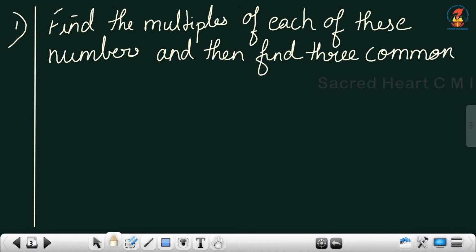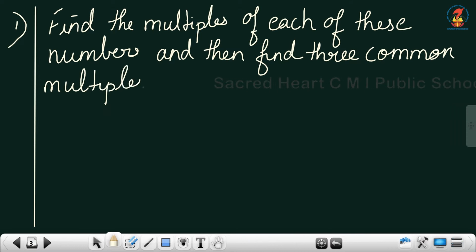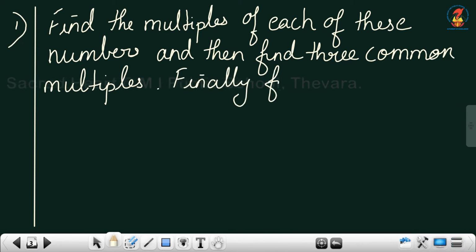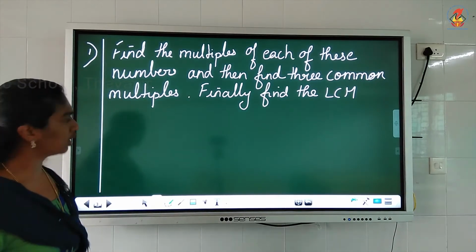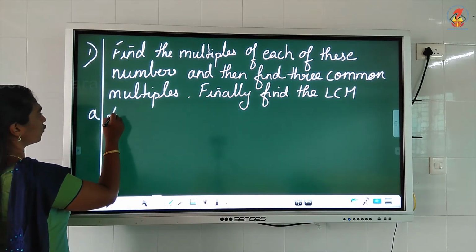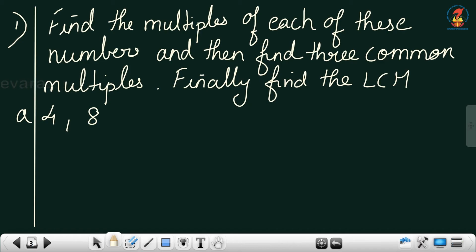Finally, find the LCM. Once you get the common multiples, you can get the LCM. What will be the LCM? LCM will be the lowest of all the common multiples. First question in that, 4, 8. Okay?